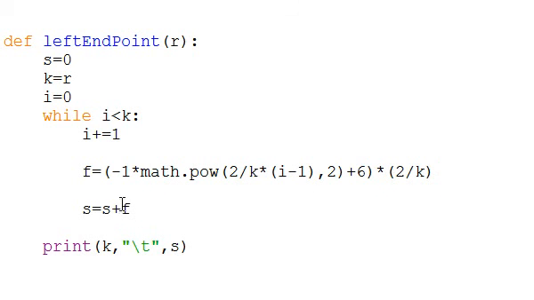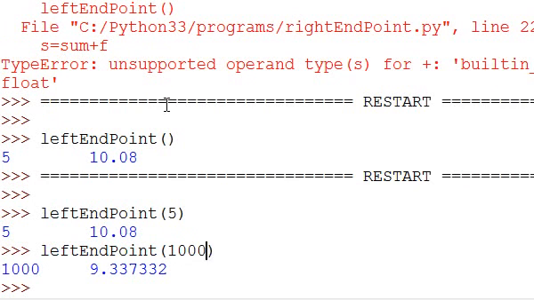I'm doing this a little bit different than in the previous problem where I completely worked it out. This one we're actually going to be summing up depending on what I say we're going to sum it to. This is the Python shell here. So I plugged in 5, and of course we got 10.08, and then I plugged in 1,000.